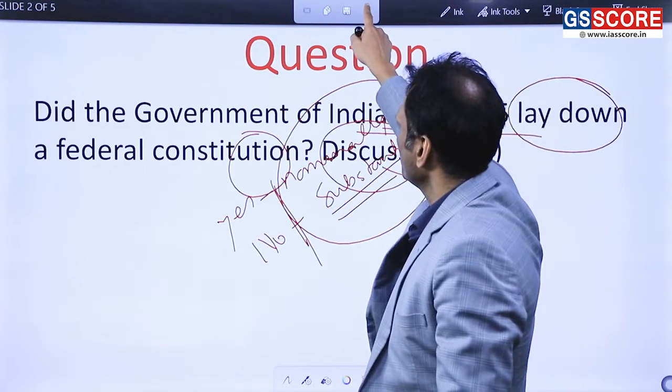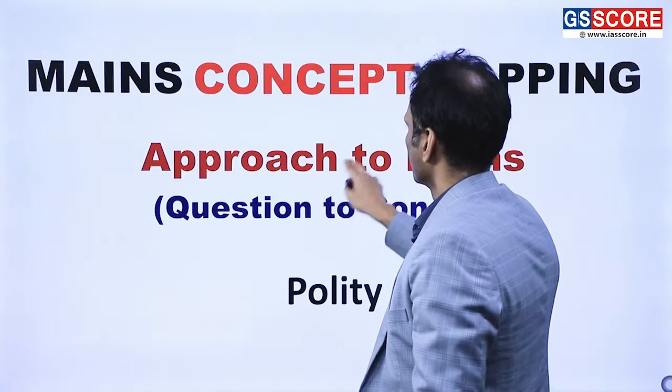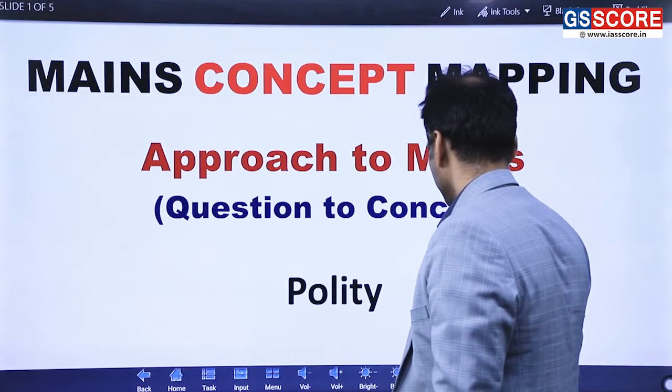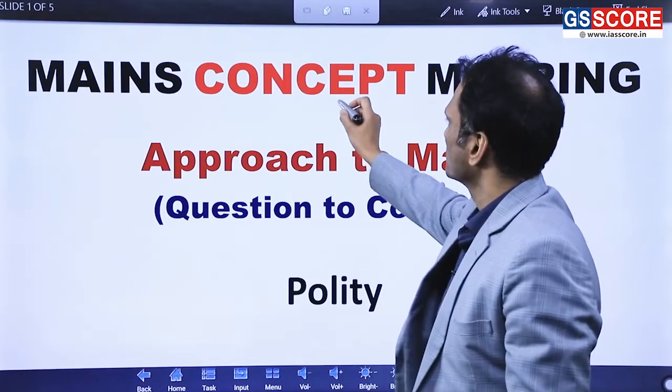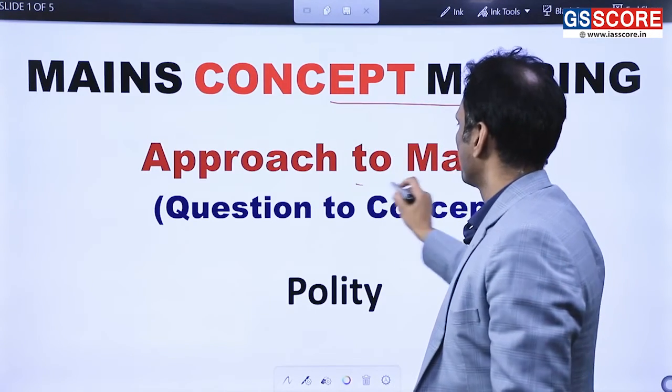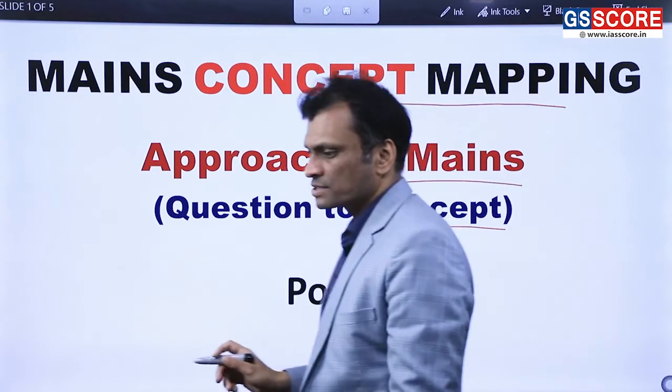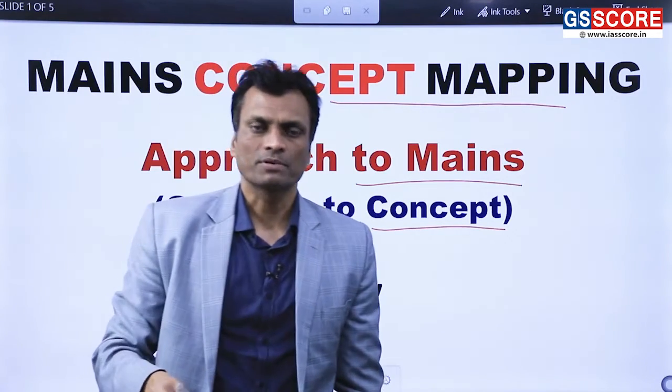When we started this video, we understood the mains concept mapping approach to mains. When we try to understand the mains approach, we have to come to the conclusion that whenever we read any particular topic or question in the syllabus, we have to locate the syllabus, the concept, and the possible questions that may be raised from there.